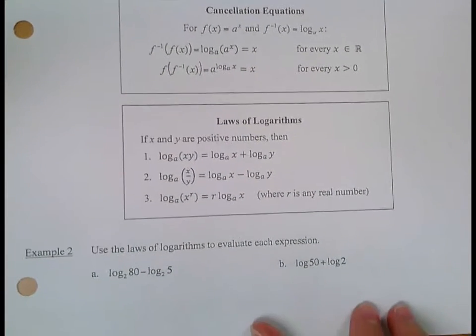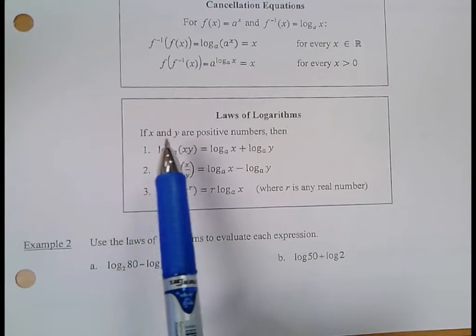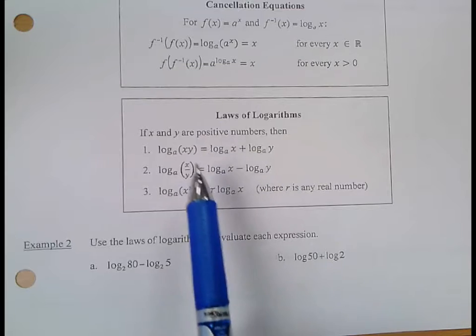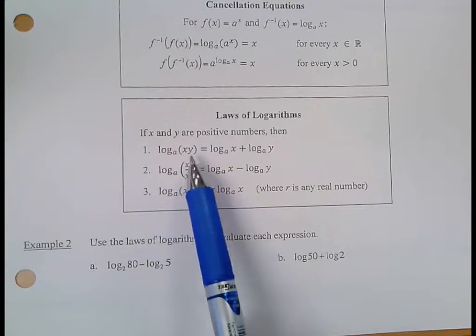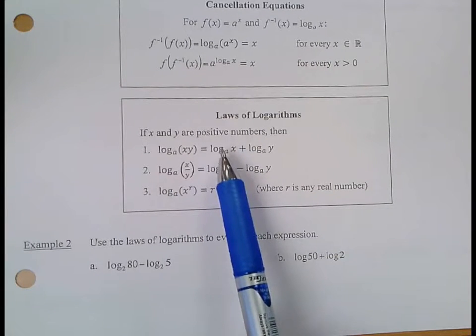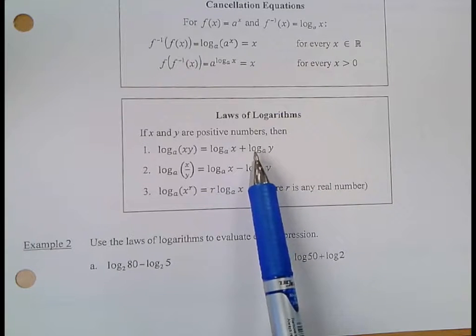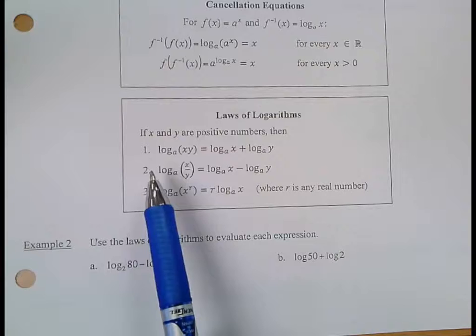So an exponential function and a logarithmic function, as long as the bases are the same, will cancel out. And then laws of logarithms. Hopefully these look familiar from last year. So if x and y are positive numbers, then if you have a log base a of x times y, so if you have a logarithm of a product, you can rewrite that as the sum of two logs. So that'd be log base a of x plus log base a of y.